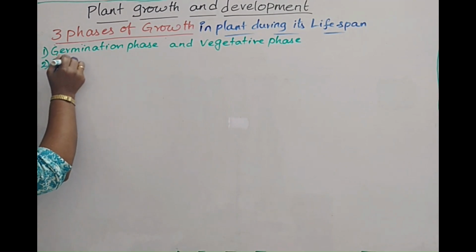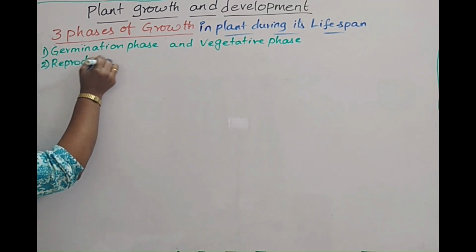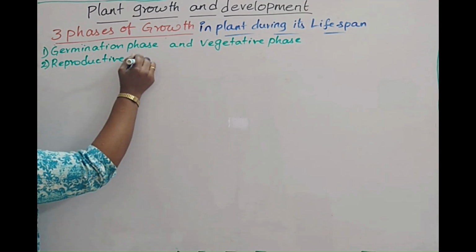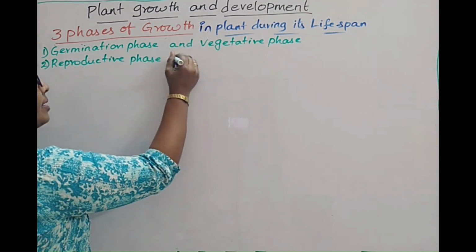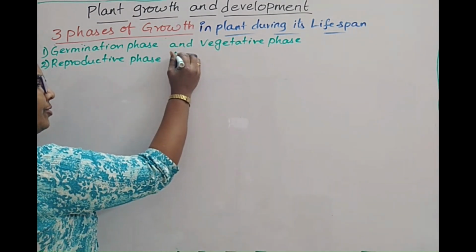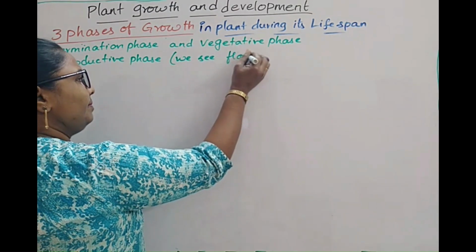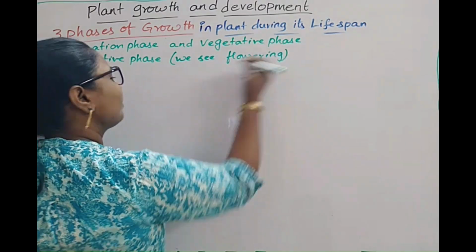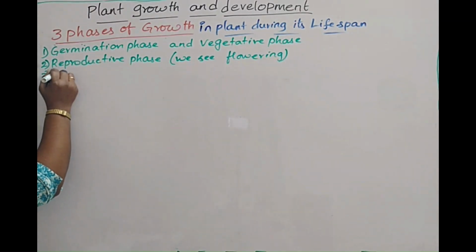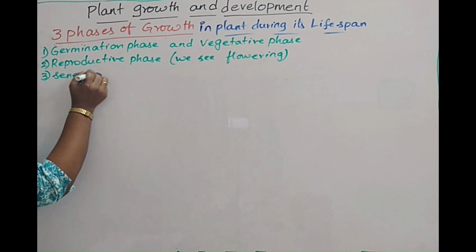Second one, reproductive phase. Here we see a formation of flowers. Right? We see flowering. Third phase is senescence and death.